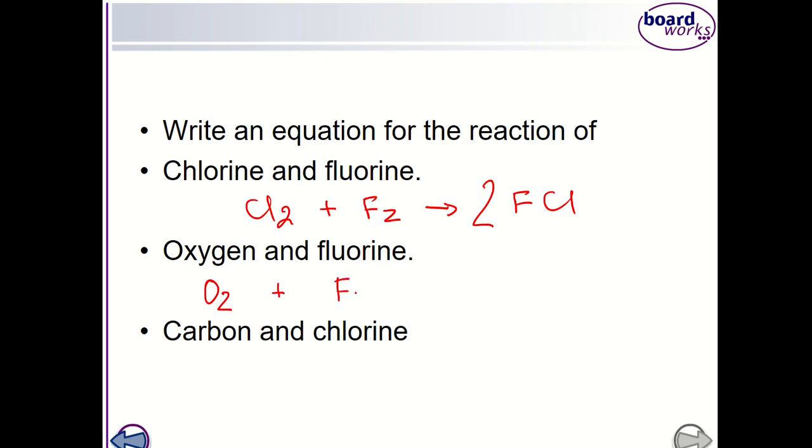Fluorine is diatomic. Now if I draw the dot cross diagram for this, I will see that oxygen, if you remember, needs to share 2 of its electrons to get a full outer shell. So I will have F X dot.